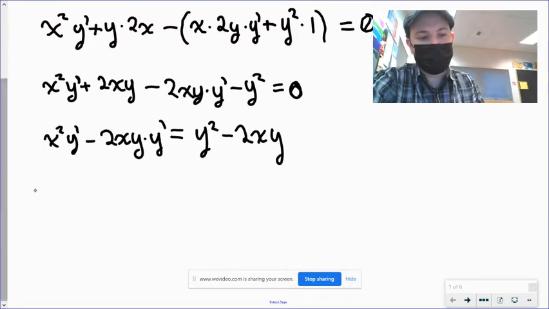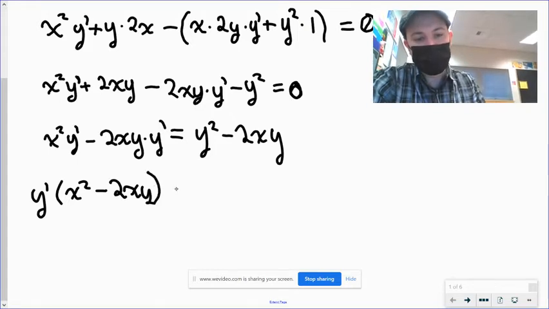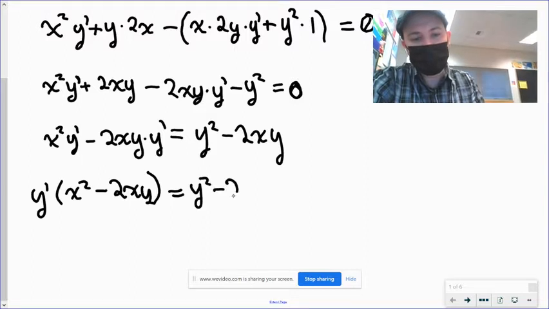Factoring out y prime, I get y prime times the quantity x squared minus 2xy is equal to y squared minus 2xy. This is kind of interesting.